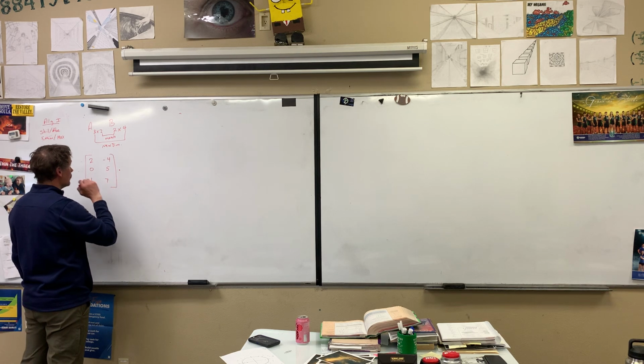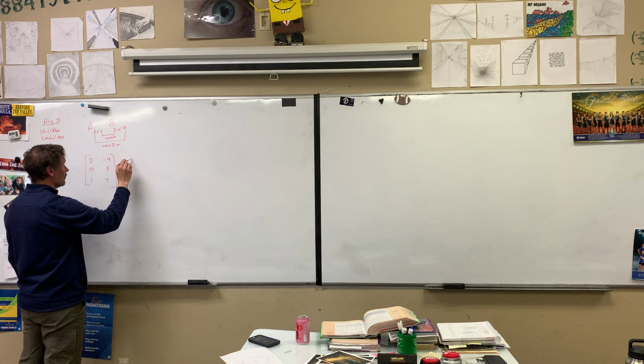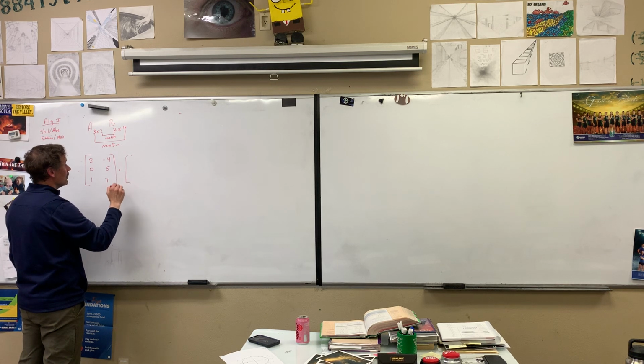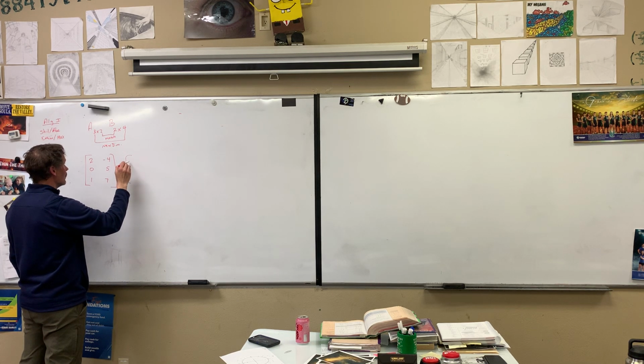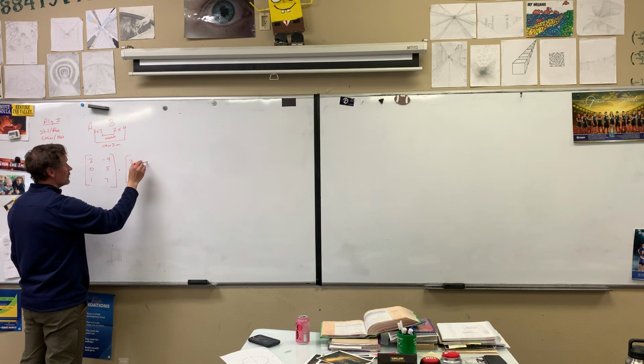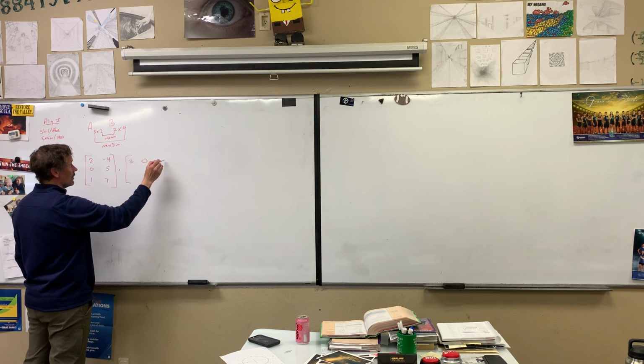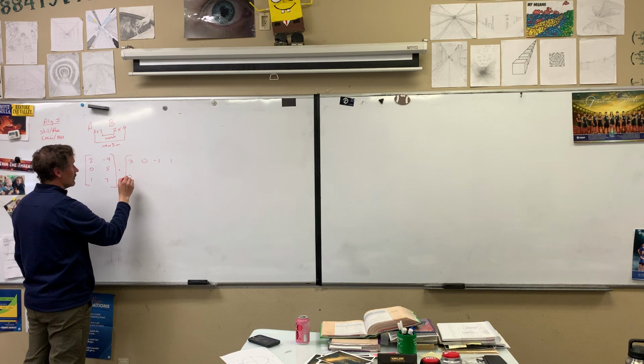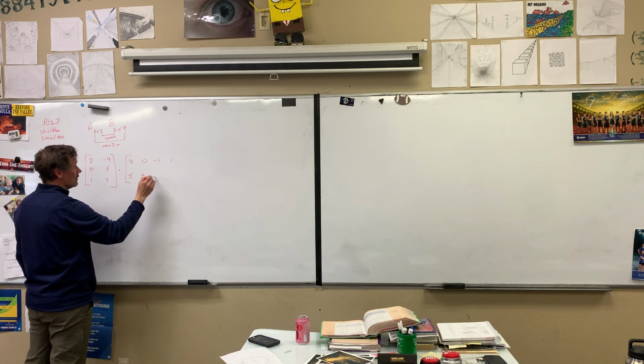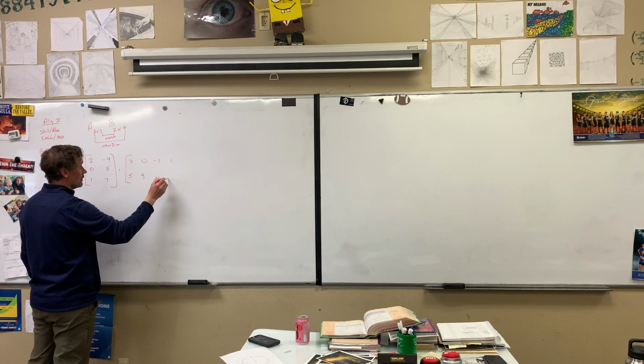So 2 rows, 4 columns. So whatever: 3, 0, negative 1, 1, 5, 9, 4, and 2.